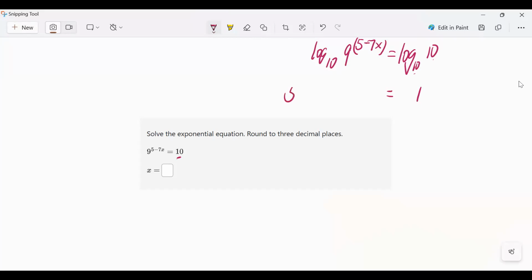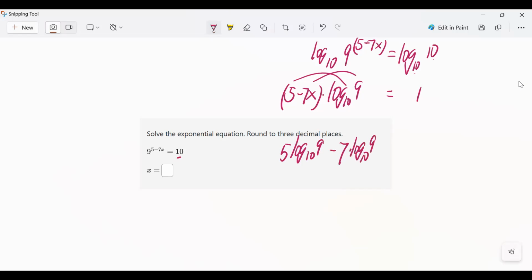So here is 5 minus 7x times the coefficient log 10 of 9. Now distribute it, and then we get 5 times log 10 of 9 minus 7 times log 10 of 9 times x, that's equal to 1. Then subtract 5 log 10 of 9 from both sides of the equation.